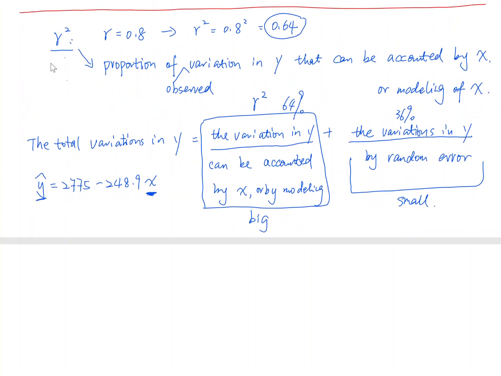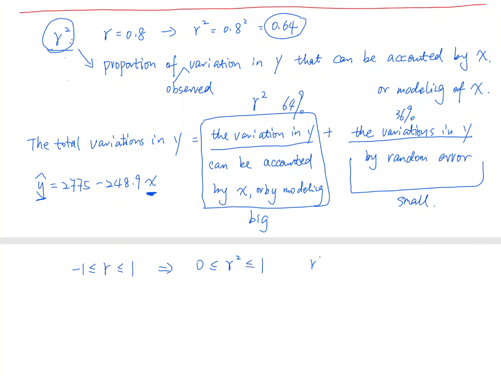We'll talk about r square all through the simple linear regression and even the next chapter, which is multiple regression. The r square is very, very important to decide whether this regression is good or not. Since r is greater than or equal to -1 and less than or equal to 1, r squared has the range greater than or equal to 0 and less than or equal to 1.